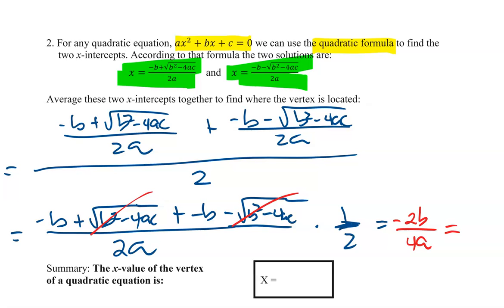They're both divisible by 2, so that is negative b over 2a. So now we can see that the x value of the vertex of a quadratic equation is negative b over 2a.